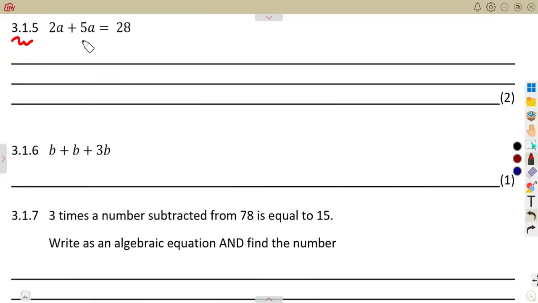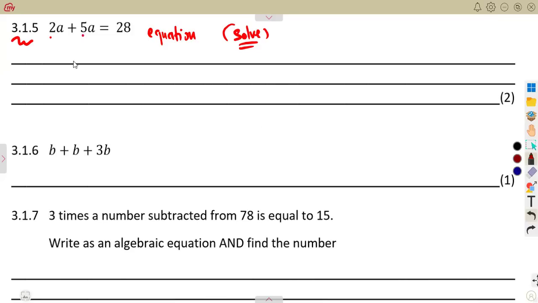3.15: 2a plus 5a is equal to 28. What are we supposed to do? This is an equation. There's an equal sign. So that's an equation. An equation, you solve for the unknown, the variable that you're given. So you're supposed to solve for what? For a. But these are like terms. We can add 2 plus 5.